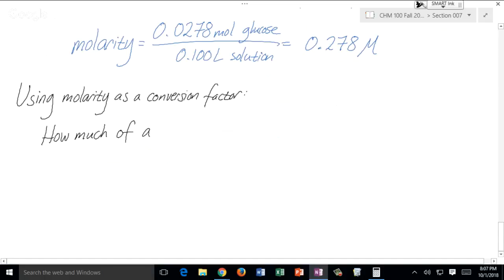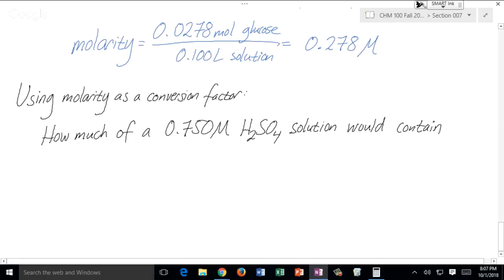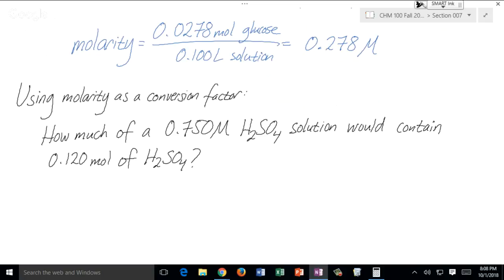So how much of a 0.750 molar H2SO4, which is sulfuric acid, would contain 0.120 moles of sulfuric acid. So we want to know how much of the solution would contain 0.120 moles of sulfuric acid.